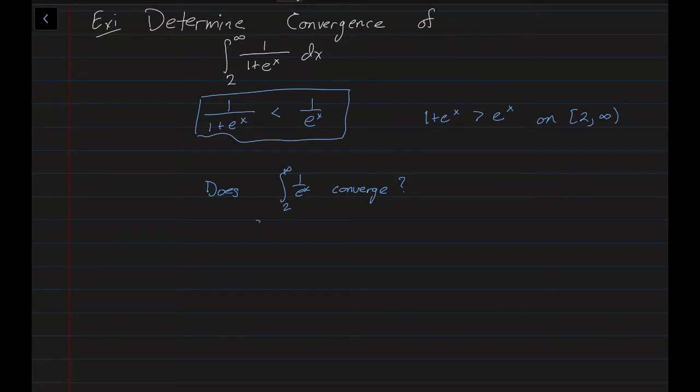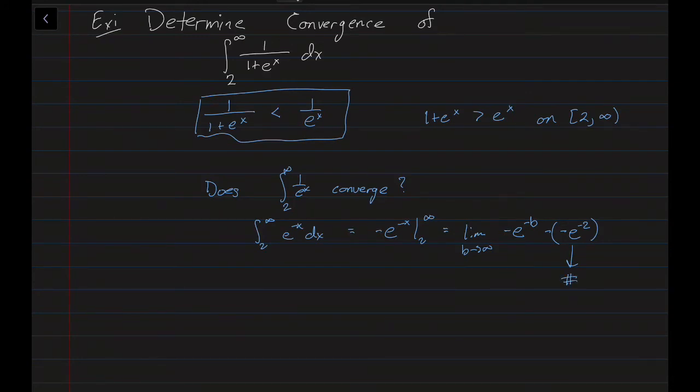And if we look at it, remember this is e to the negative x, so we can evaluate the integral from 2 to infinity of e to the negative x dx, and that's going to be negative e to the negative x from 2 to infinity. So that's going to be the limit as b approaches infinity of negative e to the negative b minus negative e to the negative 2.